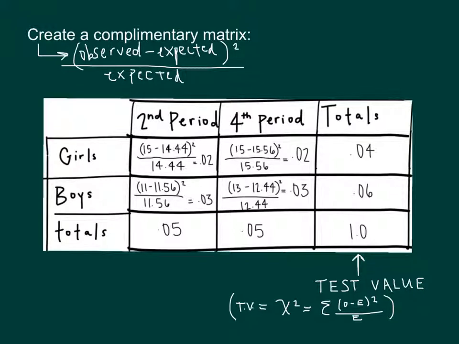The final matrix that you will have to draw out is the complementary matrix. The formula that you use to equate the complementary matrix is the observed minus expected squared divided by the expected. You will use this formula in each one of the squares in order to come up with the totals.